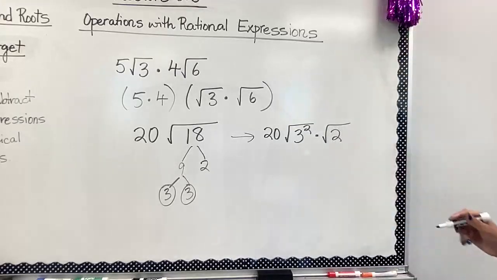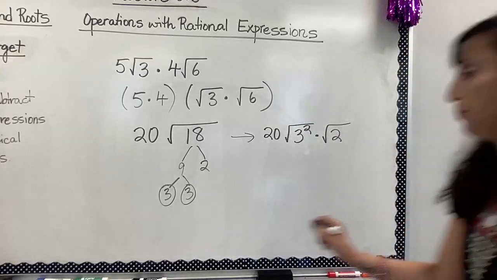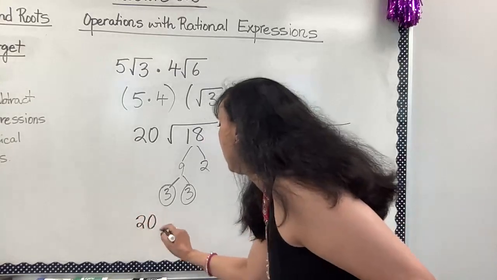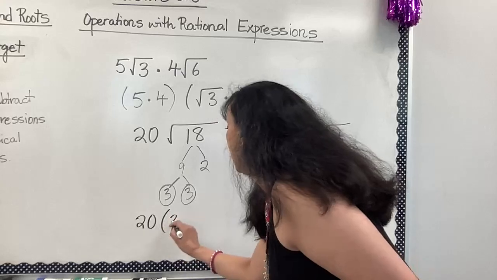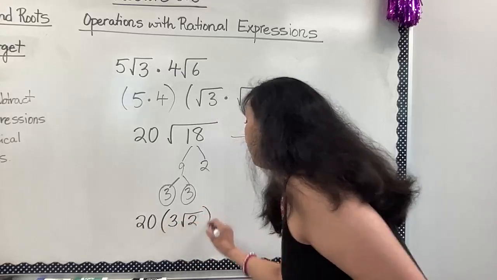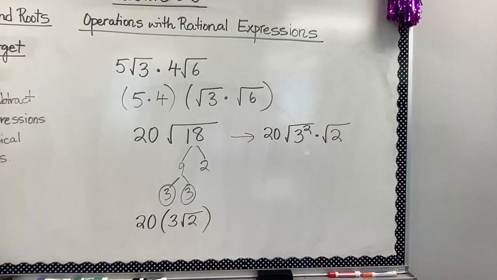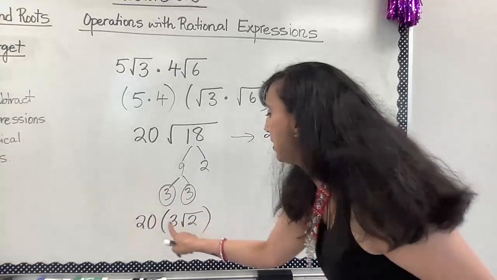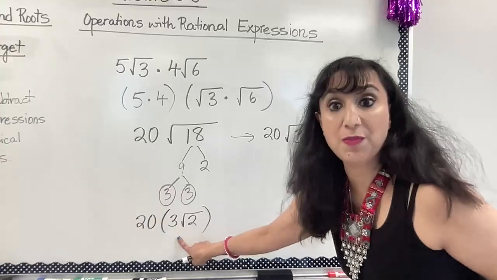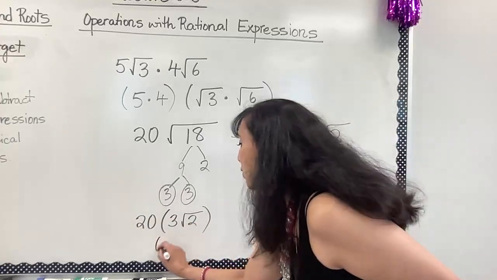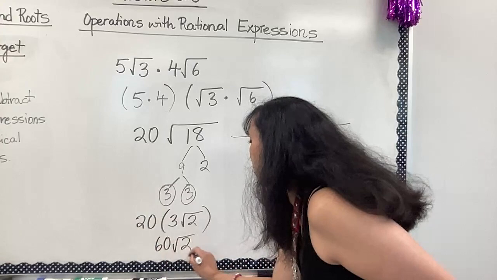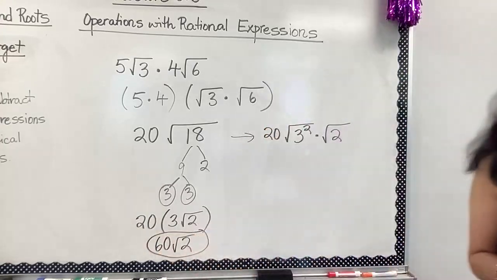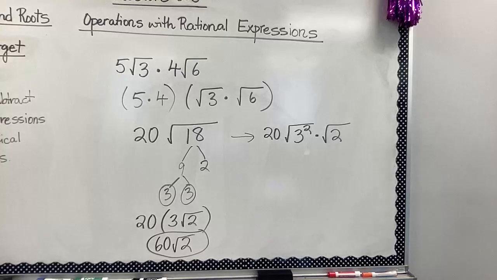So therefore, I am going to get 20 times 3 root 2. And then I can do 20 times 3, which gives me 60. And so 60 root 2 is my answer.